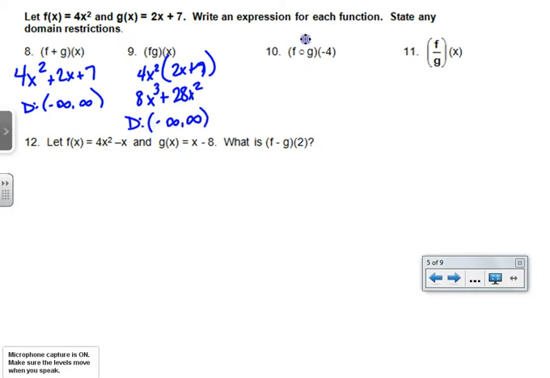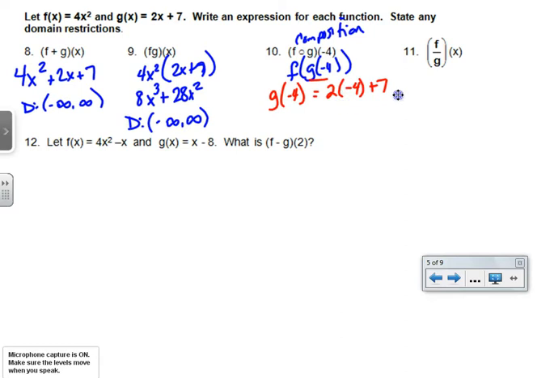Notice the notation. This circle means composition. We're not actually going to come up with a new function. We're going to evaluate. So you start on the inside, and if you want to rewrite it as f of g of negative 4, that's the notation I prefer. So I start with g of negative 4, and I evaluate that.